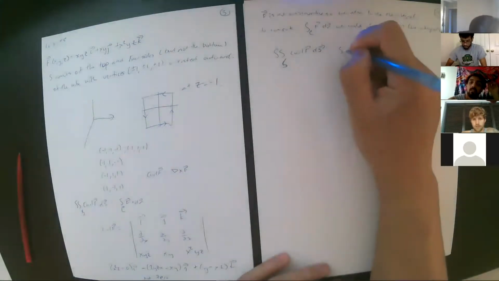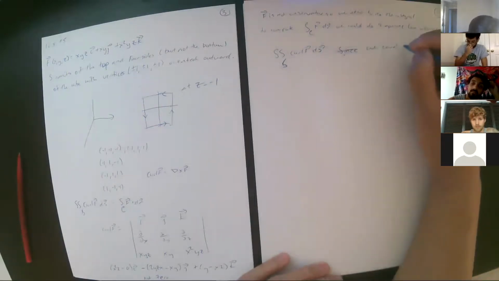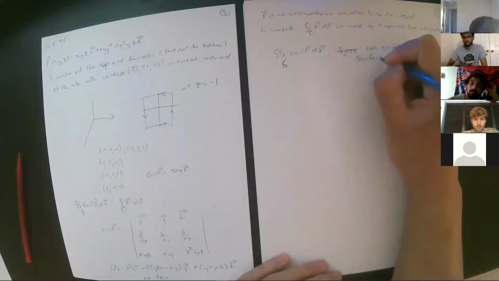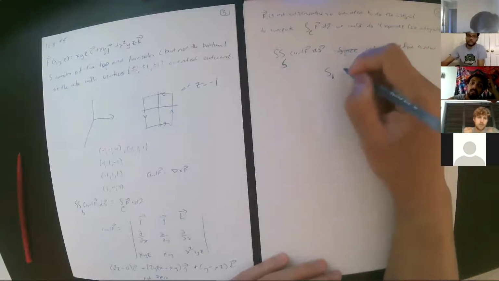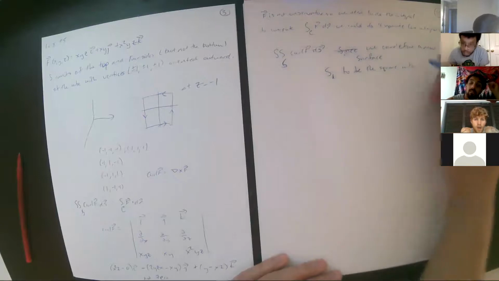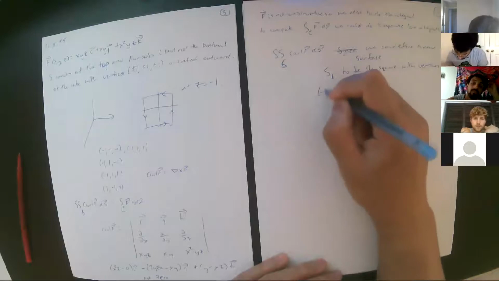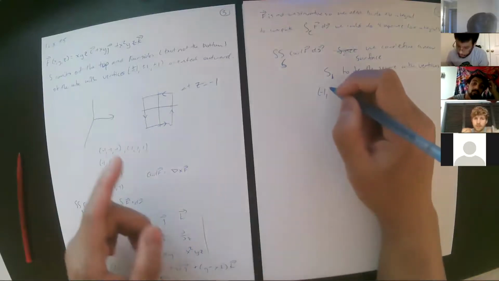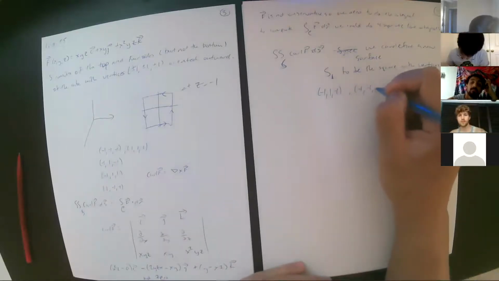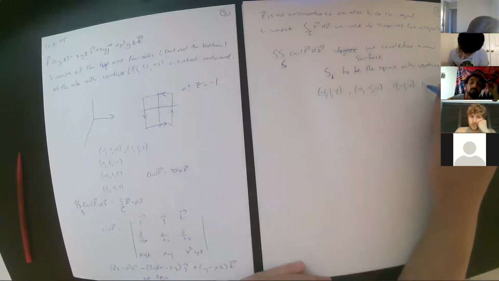So let's say we can define a new surface S1 to be the square with vertices (-1, 1, -1), (-1, -1, -1), (1, -1, -1), and (1, 1, -1).